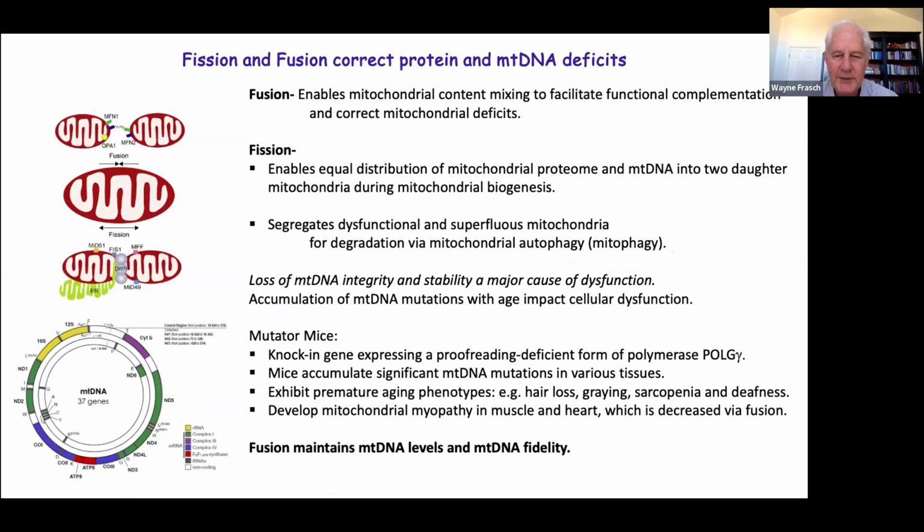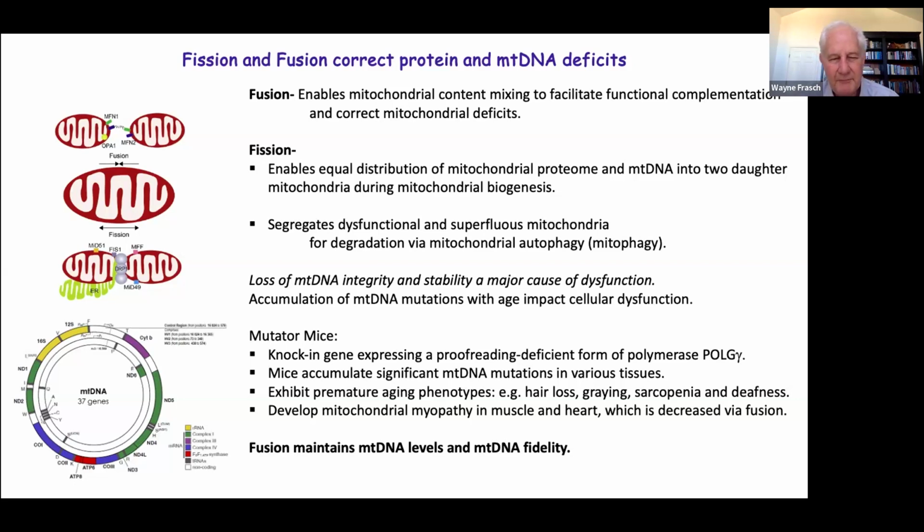So the fusion enables the mitochondrial complex content to mix, facilitating the function and correcting these mitochondrial deficits that occur by ROS or by DNA deficits due to destruction of the DNA in one of the two mitochondria.